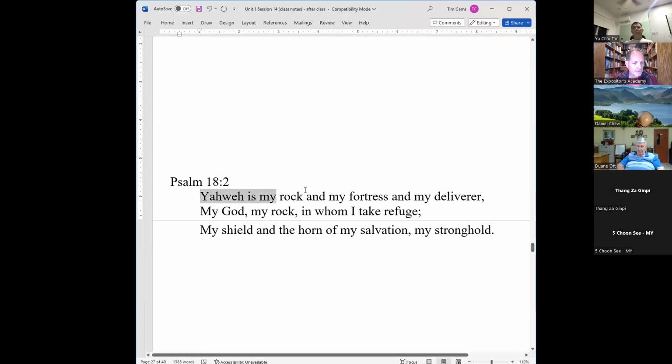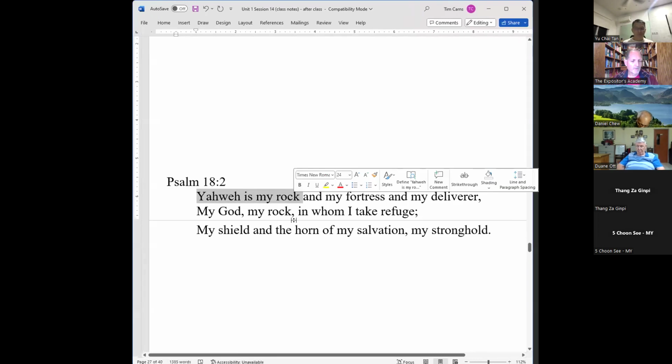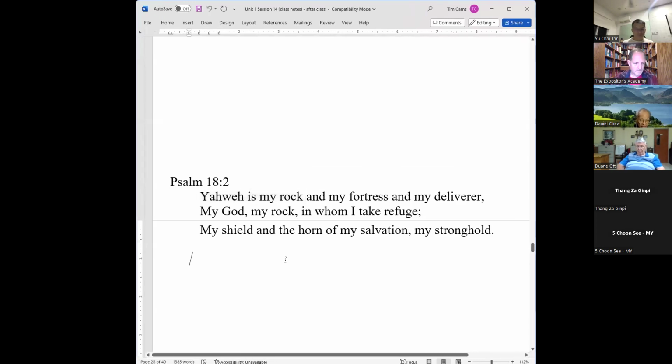So is Yahweh a literal rock? It's actually like a rock, zoomorphism, right? Well, here rock is not an animal. Notice the word is. Yahweh is my rock. Yeah, Yahweh is my rock is a metaphor.